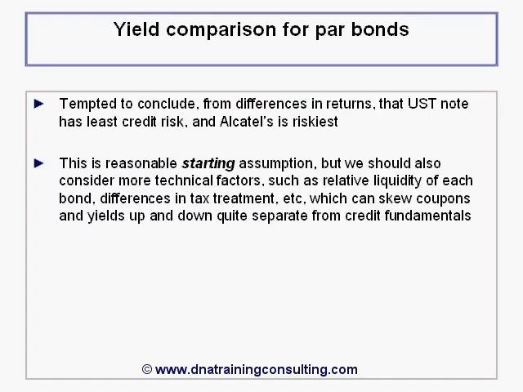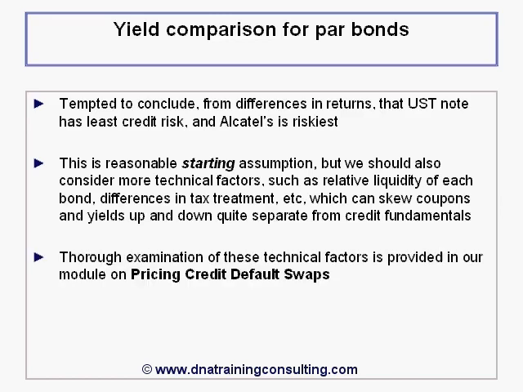But while this is generally a reasonable starting assumption, we would be well advised to consider also factors of a more technical nature, such as the relative liquidity of each bond, differences in tax treatment, and so on, any and all of which can skew coupons and yields up and down, quite separate from their credit fundamentals. A thorough examination of these technical factors is provided in our module on pricing credit default swaps.